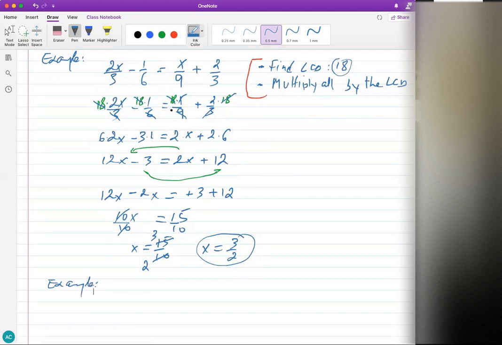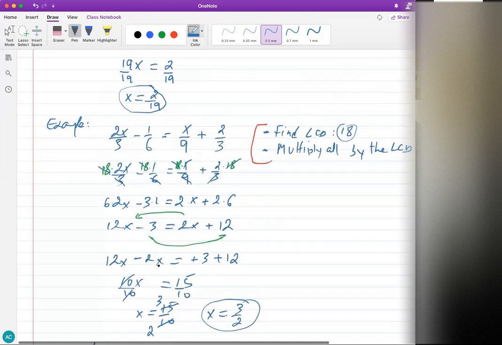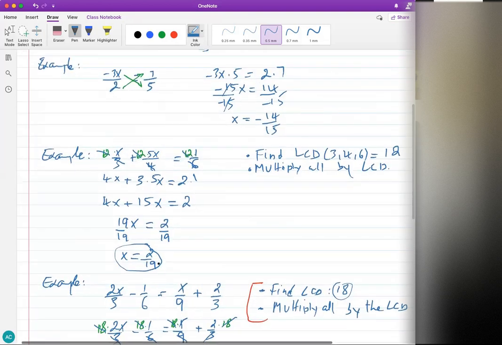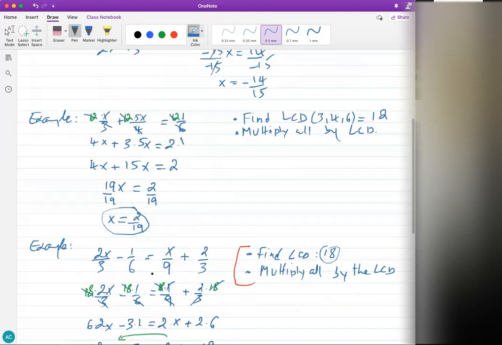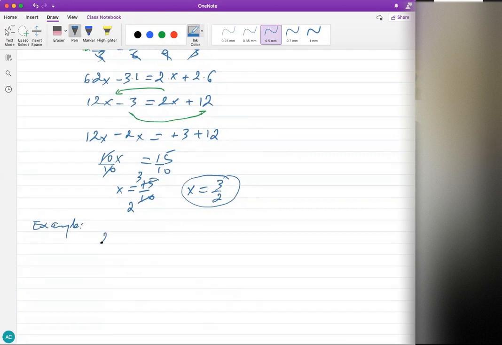So let's have another one, a little different, kind of like this, but with slightly different numerators, not the denominators, but the numerators. Let's say you have 2x minus 1 over maybe 15 here, or 5.